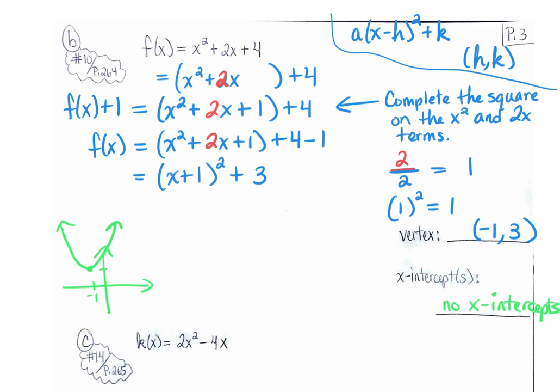Okay? Ma'am, so the 2x canceled out. Is that what happened? Say what? This 2x? Yes, ma'am. No, that didn't cancel out, because if so, you would have x squared plus 1. Remember, when you complete the square, the goal is to write this quantity as a perfect square. So if you expand x plus 1 times x plus 1, you get x squared plus 2x plus 1.